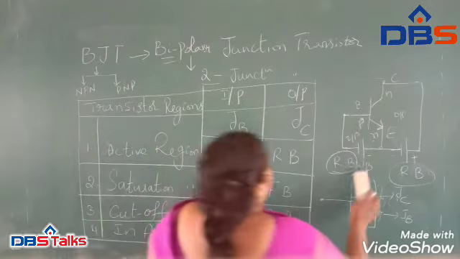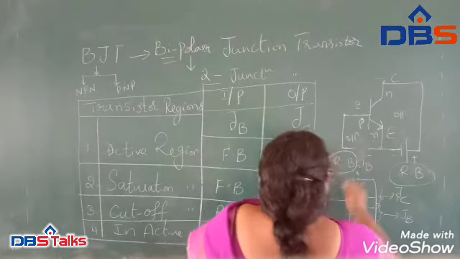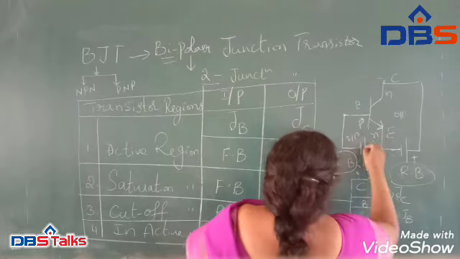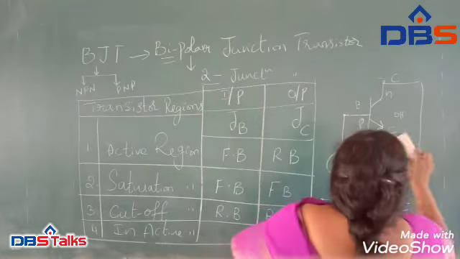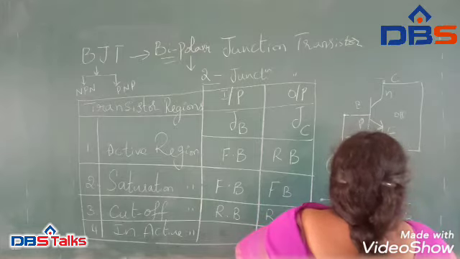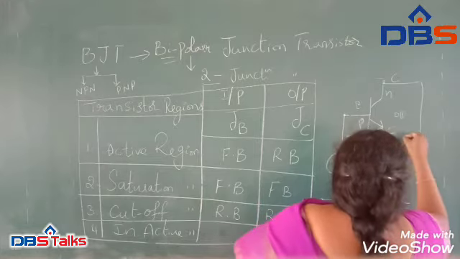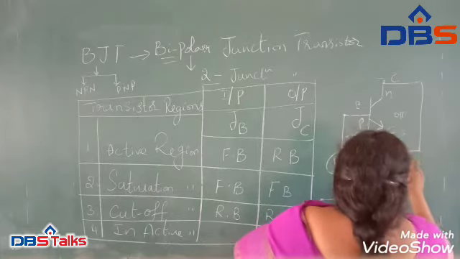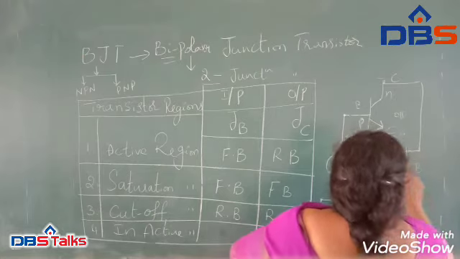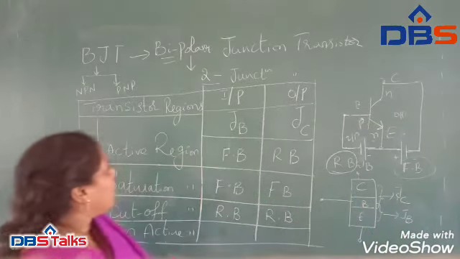Next, forward bias and reverse bias are swapped. The input junction is reverse bias and the output junction is forward bias. Negative, positive, so this is forward bias. It is the exact opposite of the active region.